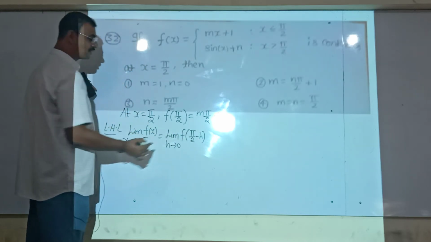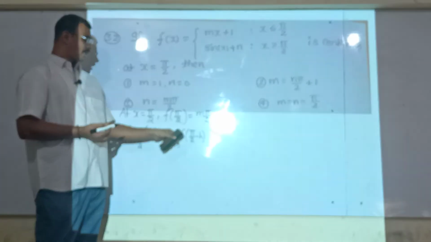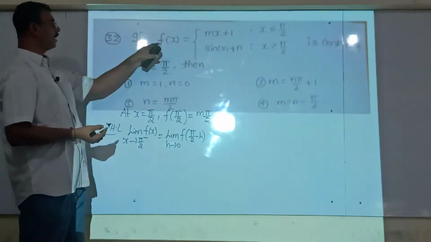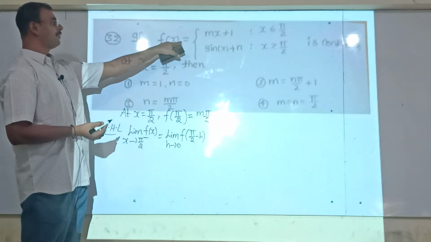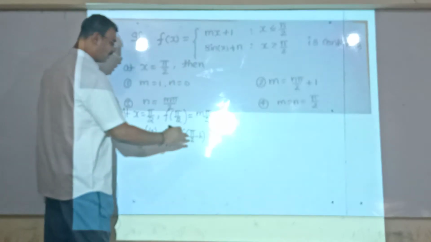I change it like this. When x is smaller than pi by 2, f of x is mx plus 1. Substitute this value.